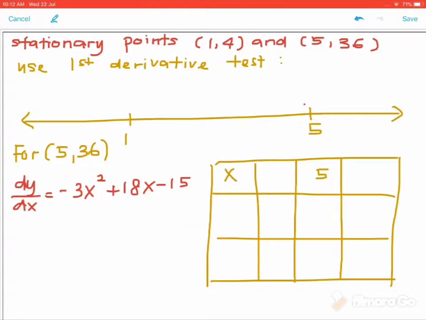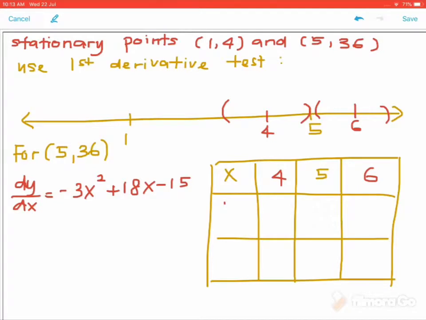Now we test for the point (5, 36). The same thing, we can draw a table. We choose one value less than 5, so we can choose 4 to test the gradient, and a value after 5, maybe we can choose 6, and we write 6 here.